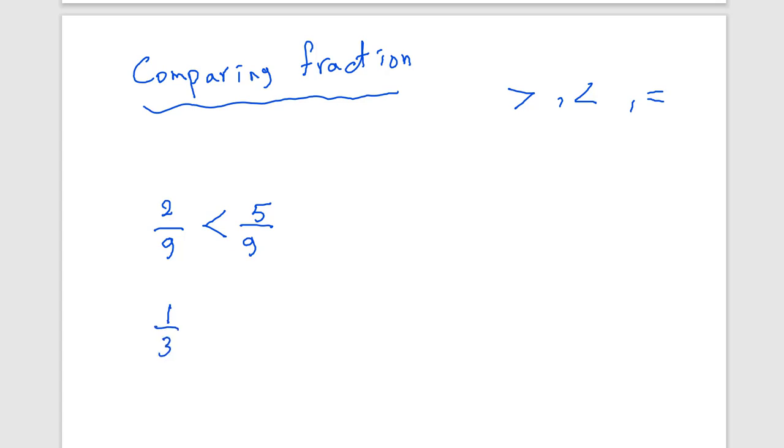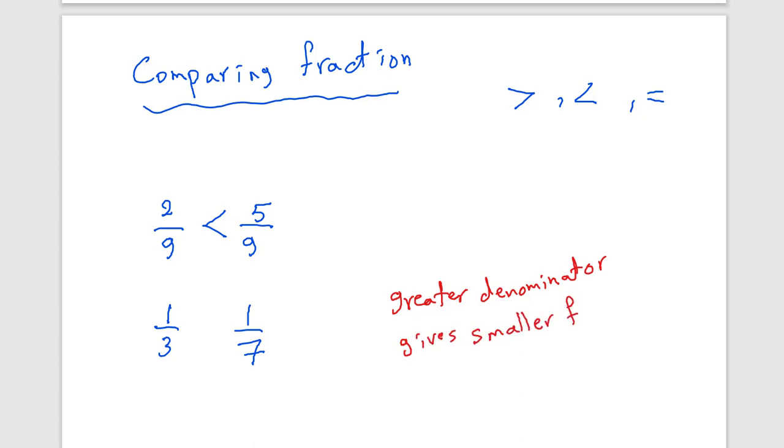And 1/3, 1/7. These both have the same numerator. And remember, my heroes, the note: greater denominator gives smaller fraction, and we do this only when we have the same numerator.